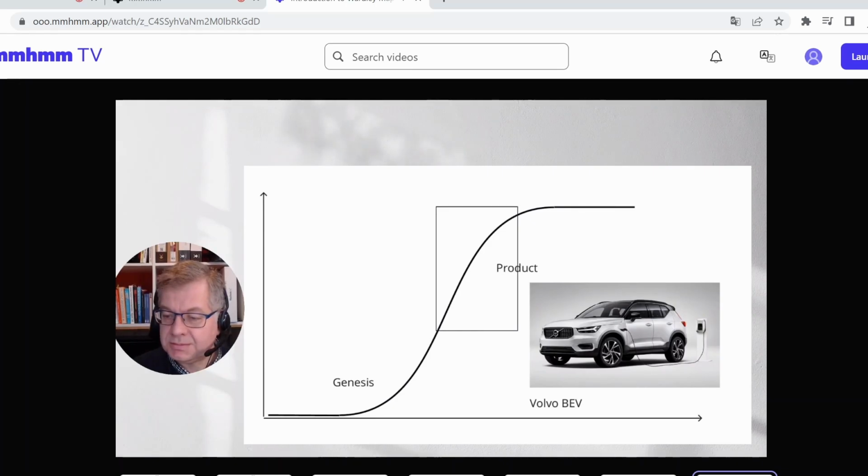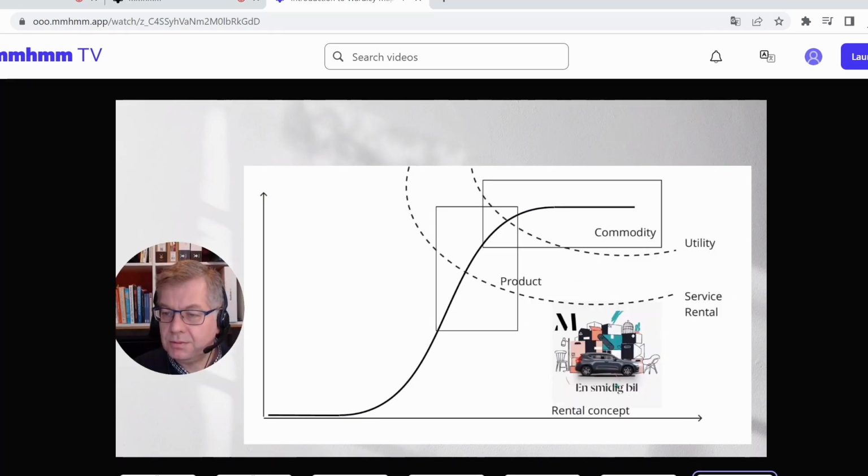As the competition increases, the benefit of the current technology or way of offering decreases. New business models typically start to emerge, like service and rental.